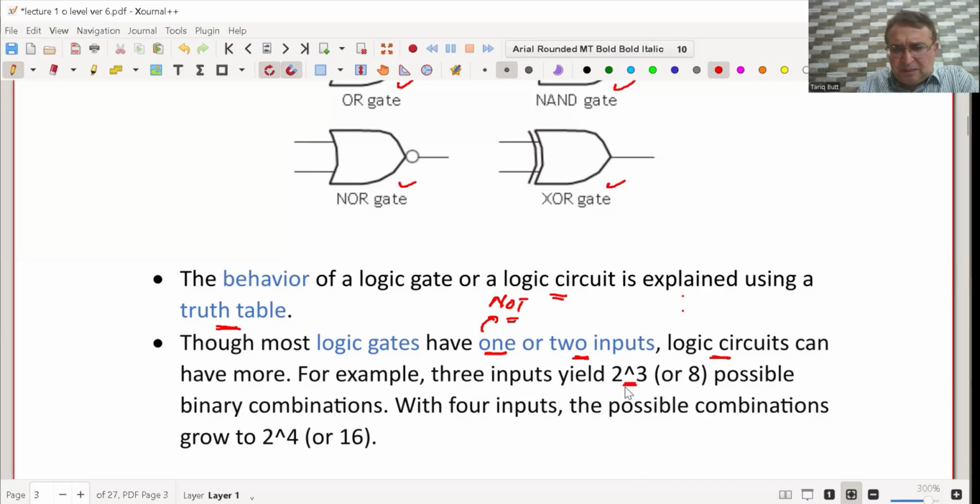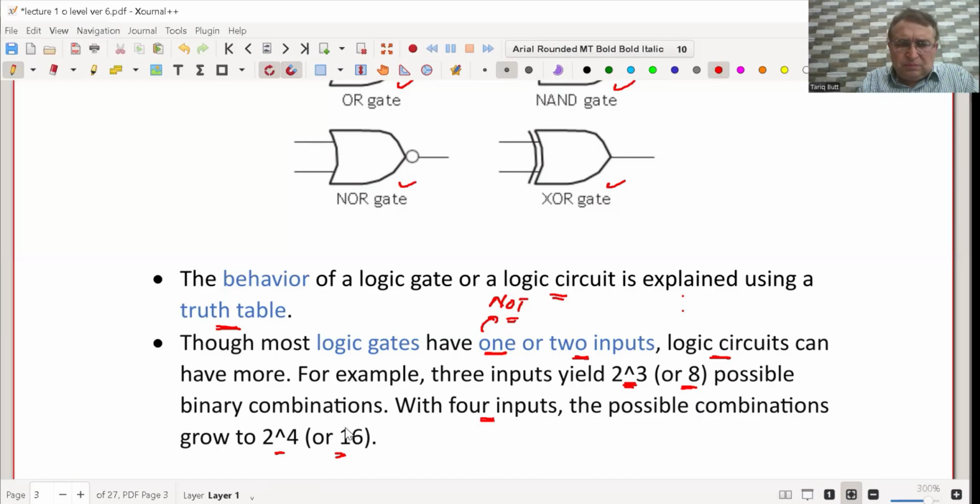For instance, we'll see different examples of logic circuits where they can have 3 inputs. In that case, there will be 8 possible input combinations. And if for some circuit there are 4 inputs, then there will be 16 input combinations and so on.